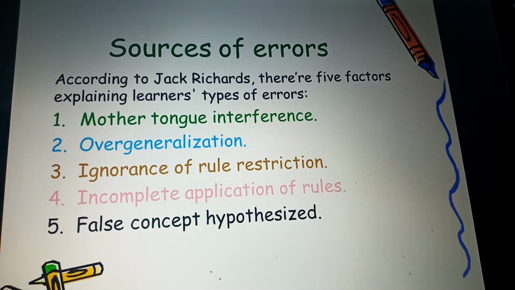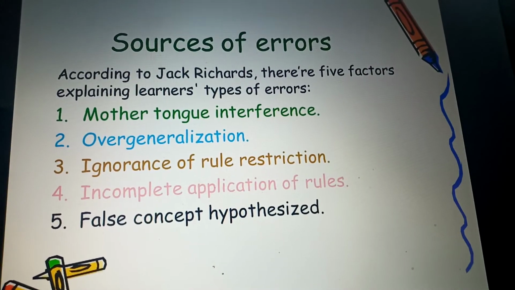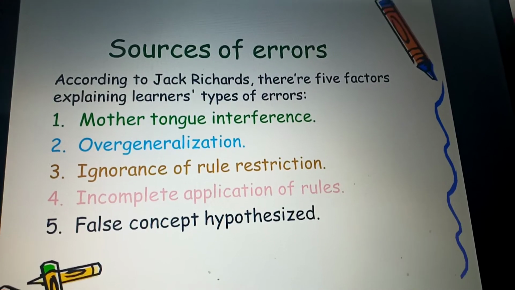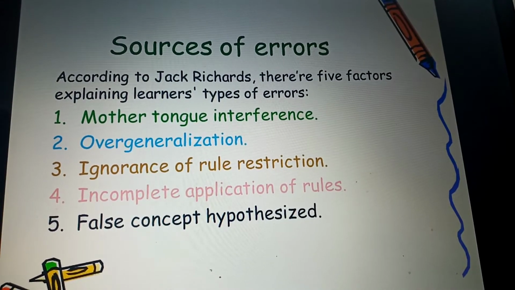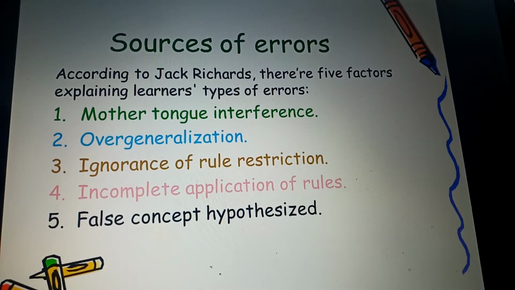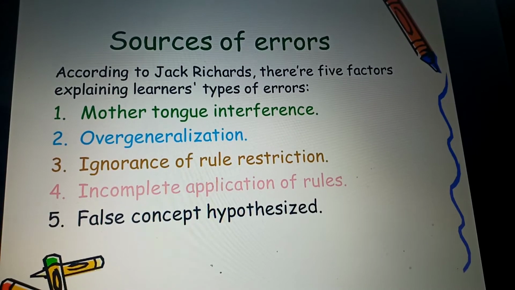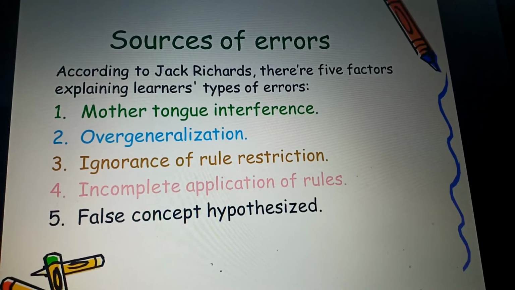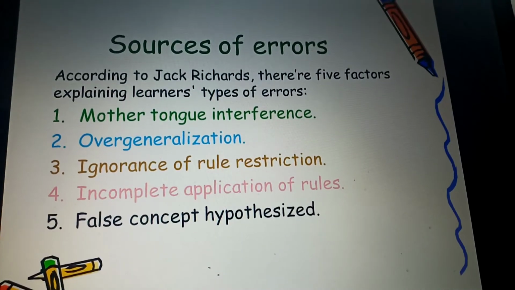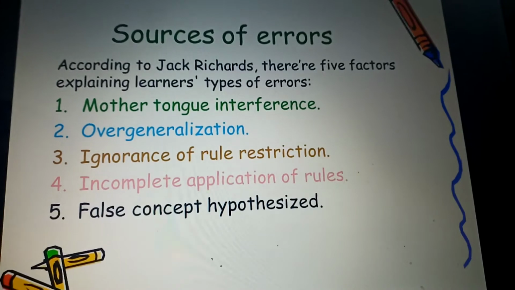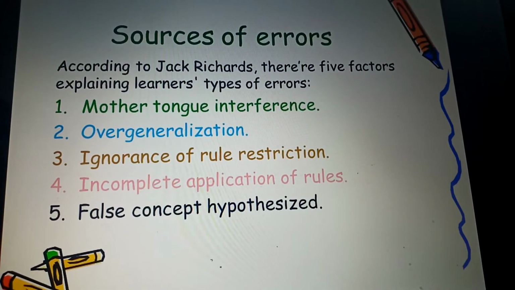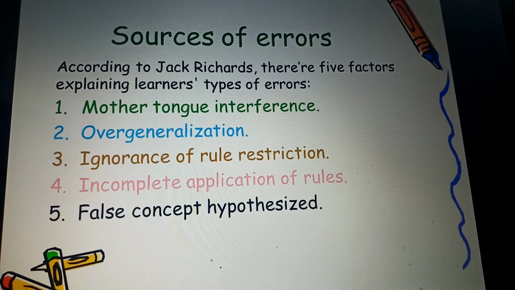According to Jack Richards, there are 5 factors explaining learners' types of errors: mother tongue interference, overgeneralization, ignorance of rule restriction, incomplete application of rules, and the last, false concept hypothesized.